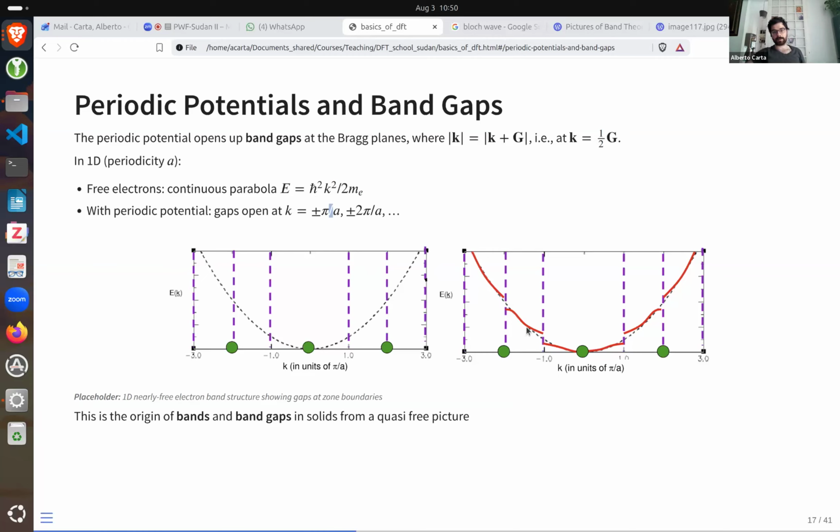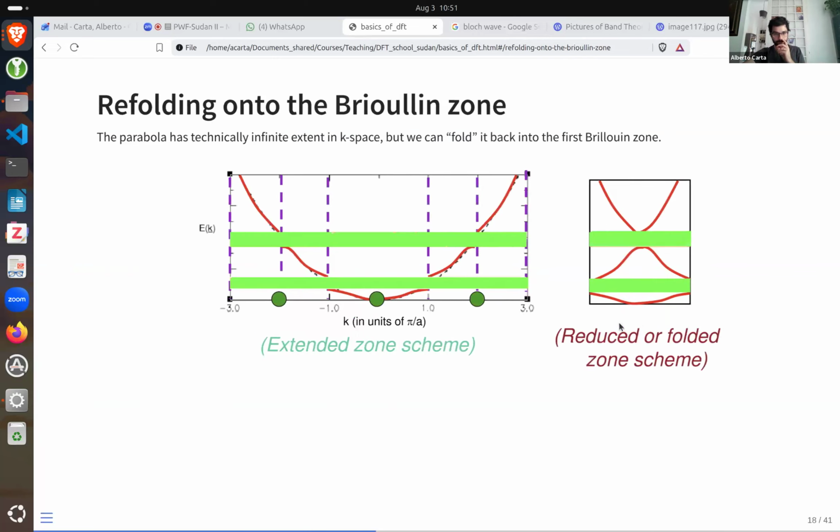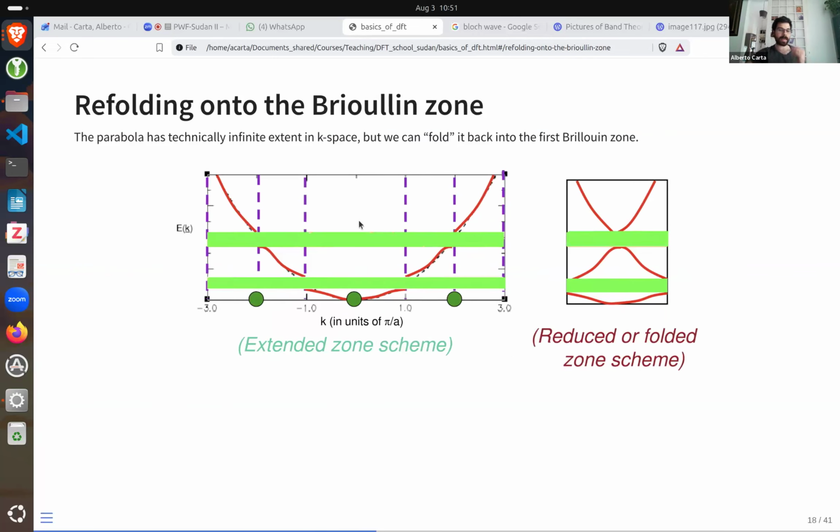The red curves that you see here are what happens when you start to have the periodic potential of a crystal. And so this opens up gaps in the dispersion, as you can see. And we will see, depending on how we fill these gaps, the material will be insulating or metallic.